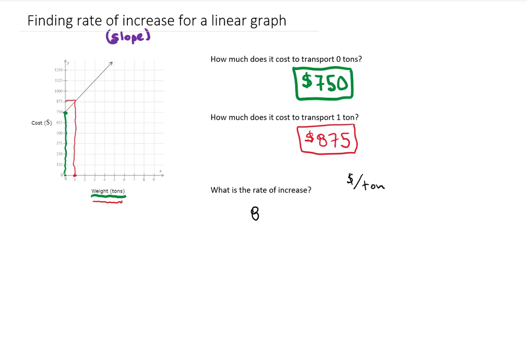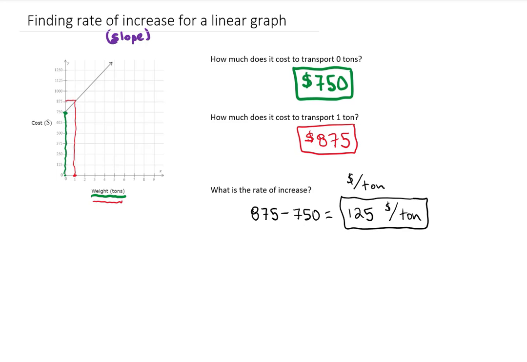So 1 ton was 875, 0 tons was 750, and if I subtract those two numbers, looks like I get 125. And so $125 per ton is the rate of increase in this problem.